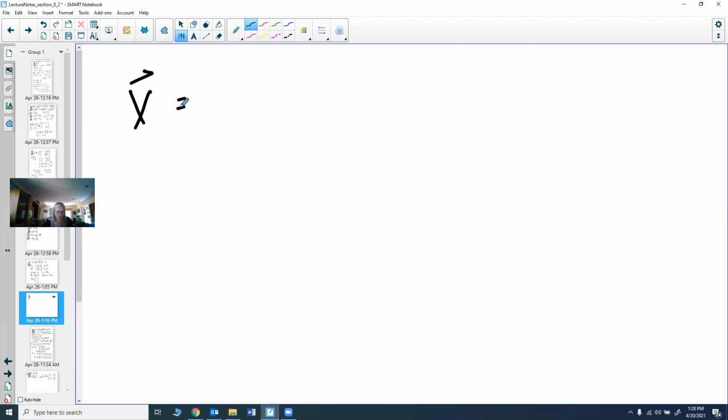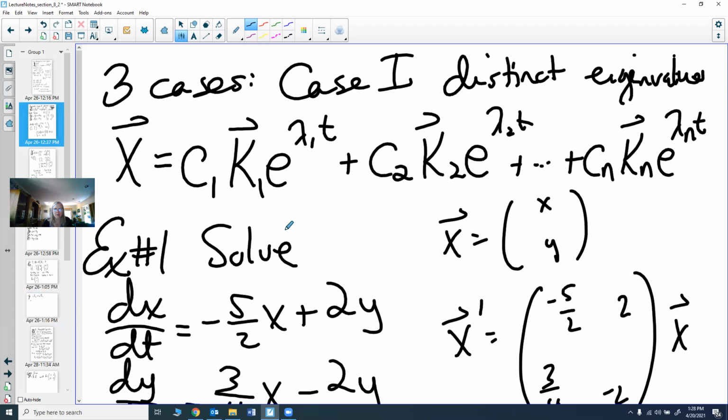My solution X is equal to C1 times X1 plus C2 times X2. If we come back here to where we were at the start of all this, we said that e to the lambda 1t times k1, e to the lambda 2t times k2, all the way on.